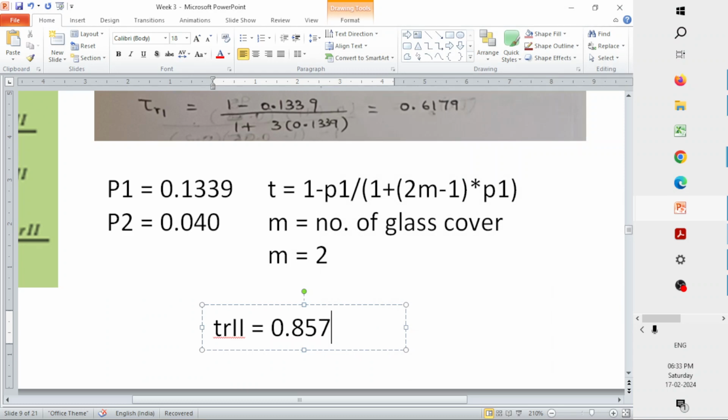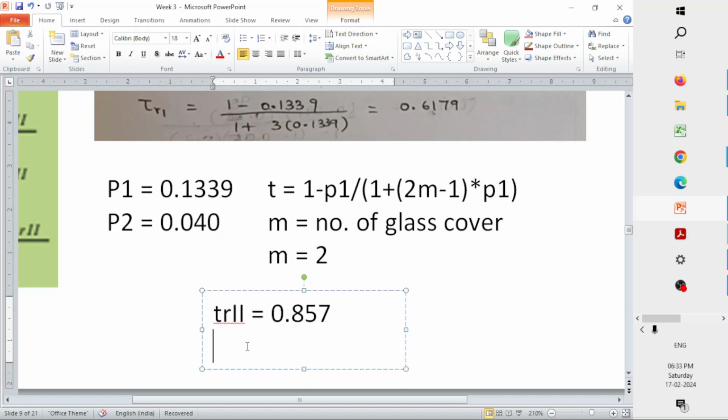So you have your tau R1 and tau R2. Now the total transmissivity due to reflection and refraction, both components together, is tau R equal to tau R1 plus tau R2, divided by 2.